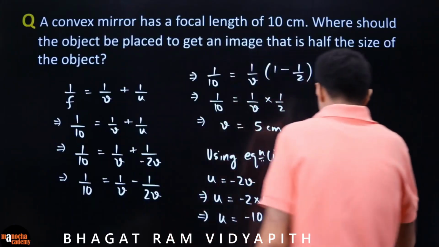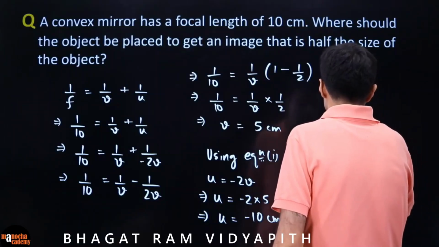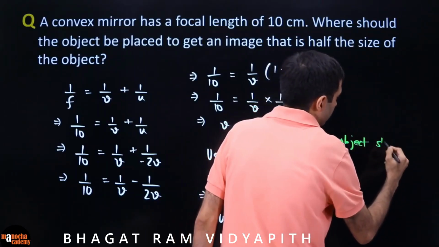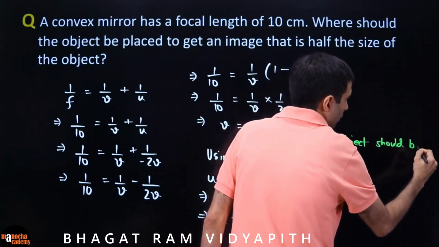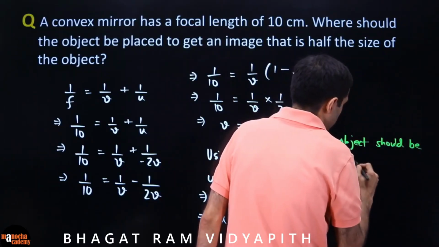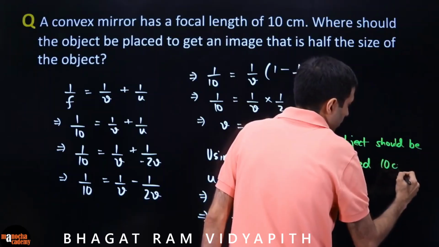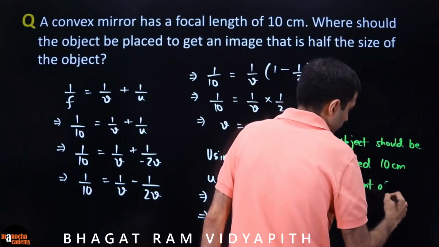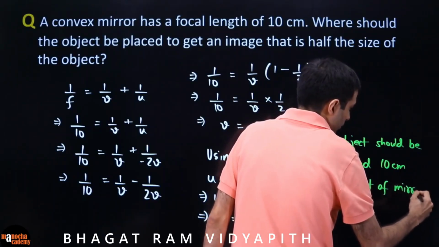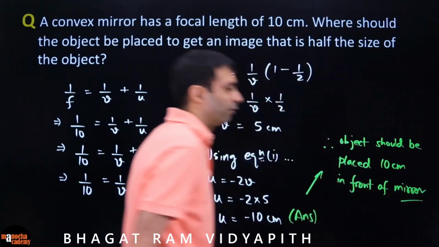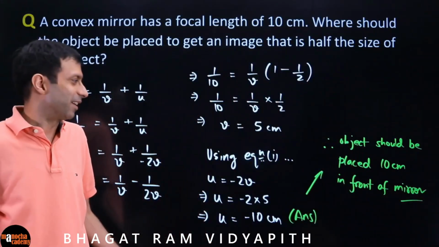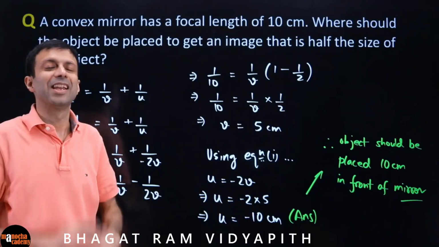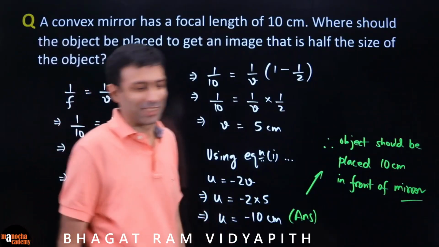So we can write: therefore the object should be placed 10 centimeters in front of your mirror. That's it, done. So see, when you draw a rough diagram, you just do the steps, write down your formulas, you can easily solve these questions.